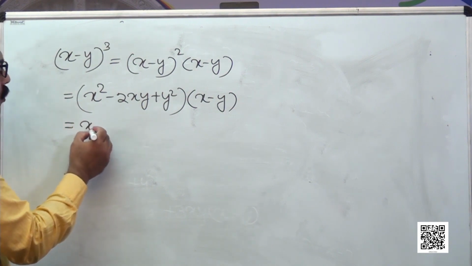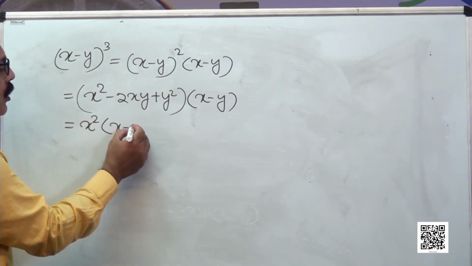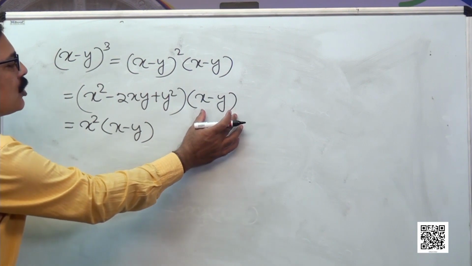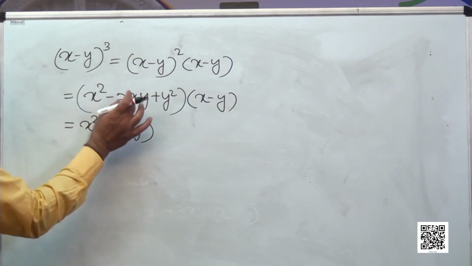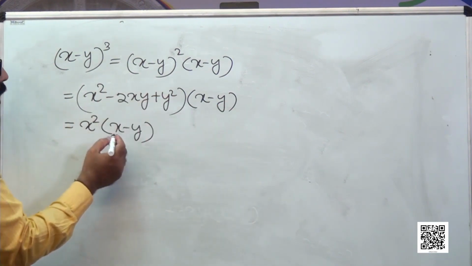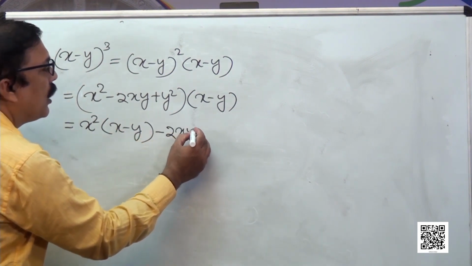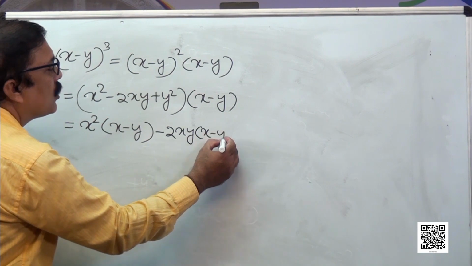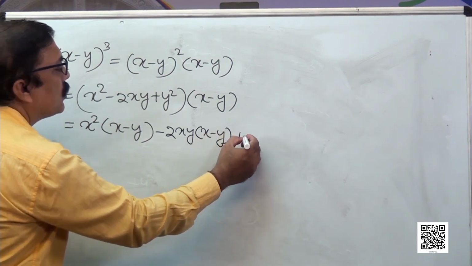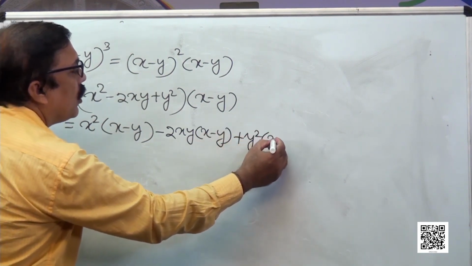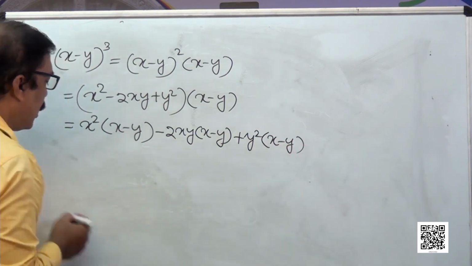This is equal to x square into x minus y. x minus y is to be multiplied with each term. So x square into x minus y, minus 2xy into x minus y, plus y square into x minus y.